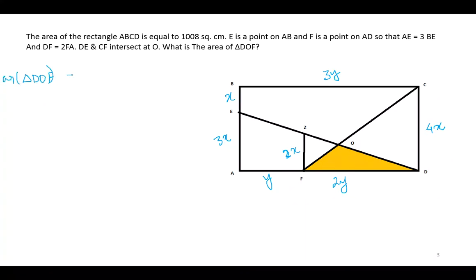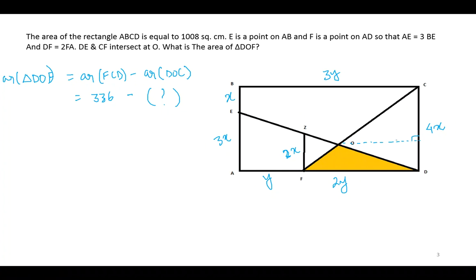Now, area of triangle DOF is nothing but the area of triangle FCD minus area of triangle DOC, right? This I already know, this is 336, and this is what I want to find out. Okay, I know that the base is 4x, and I want to find out what is the height.